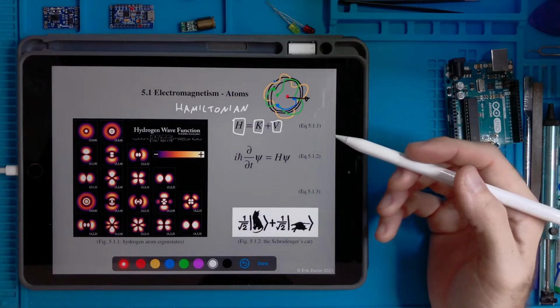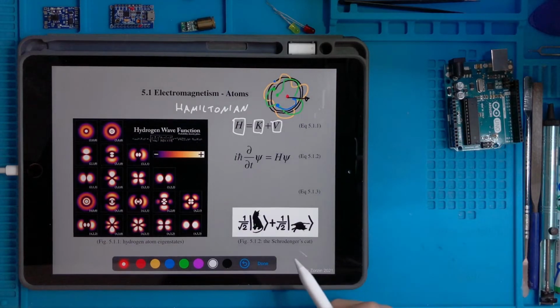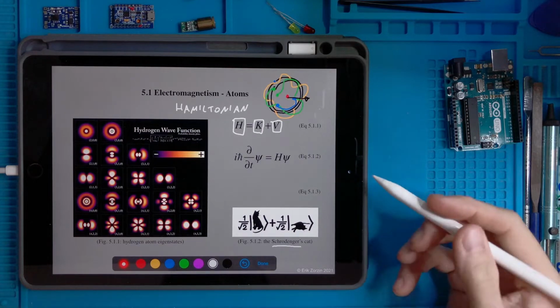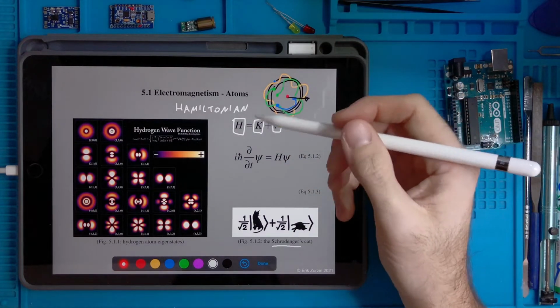One important ingredient that was missing and was found by scientists of the past, Schrödinger, was an equation for all this.